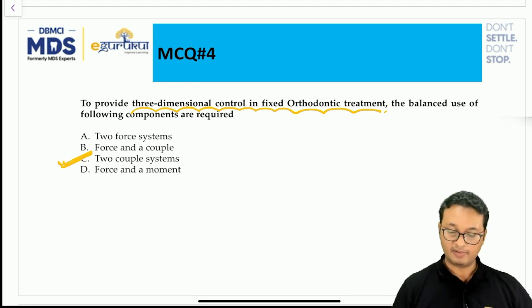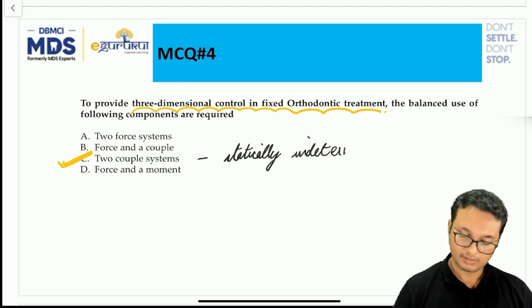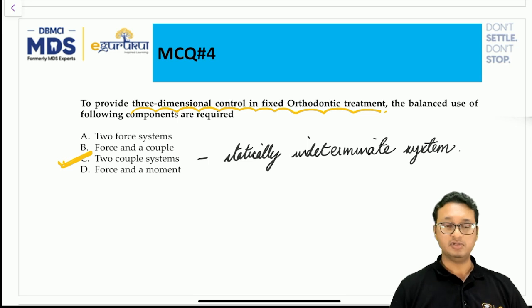Now, what is a 2 couple system? It's a statically indeterminate system where it is not possible for the operator to individually measure the forces and the moments which are generated on each bracket and wire slot individually.